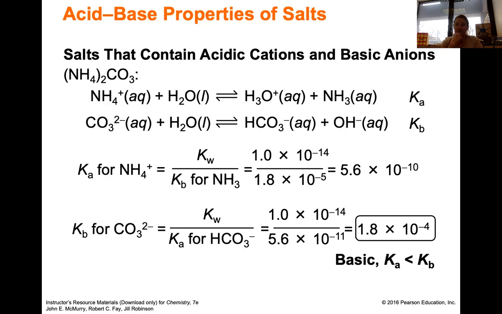So we used the Ka for H3O+ because this is the conjugate base for the second proton coming off of carbonic acid. So this Kb is bigger than the Ka, so this solution is going to end up being basic.